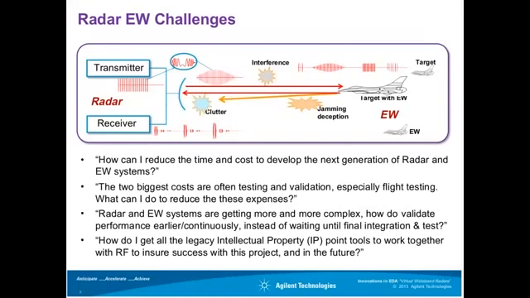And also phased array systems can cost significantly more to test because you have thousands of channels instead of just one channel. And then what do I do if I'm doing repetitive tasks so I don't have to keep redoing it over and over again? How can I simplify those designs?